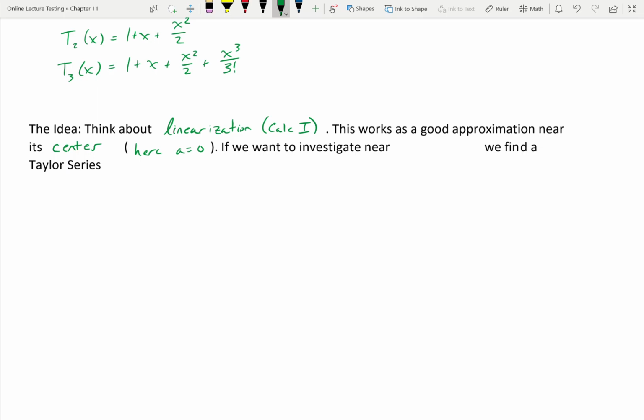If we want to investigate near, let's say, x is equal to 2, and we want to look at values near this, we find a Taylor series centered at 2. And that's it. So this is what I'm going to try to draw here.